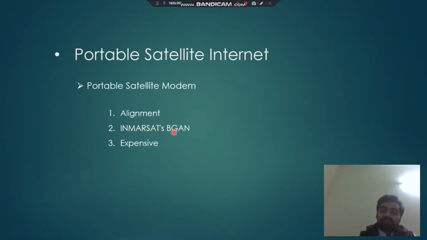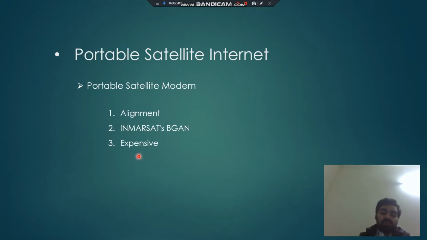Inmarsat's BGAN is a common system. These terminals are about the size of a briefcase and have a near symmetric connection speed of around 350 to 500 kilobits per second. Small modems exist, but the issue with them is they only connect at 444 kbps in a limited coverage area.